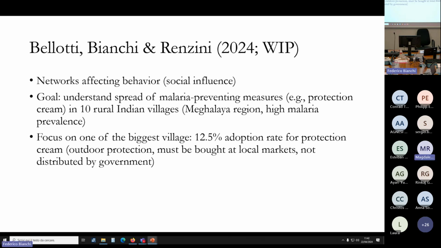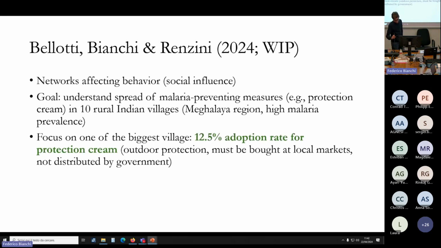And they don't use protection, right? One of the most useful protections is this cream, which nonetheless is not distributed by the government like the bed net, but they must buy it at some local market, which also is not fixed in one place. So they have to travel to the market, buy the cream, and then use it when going out to work. Okay, so it's something where social influence can play a role, right?